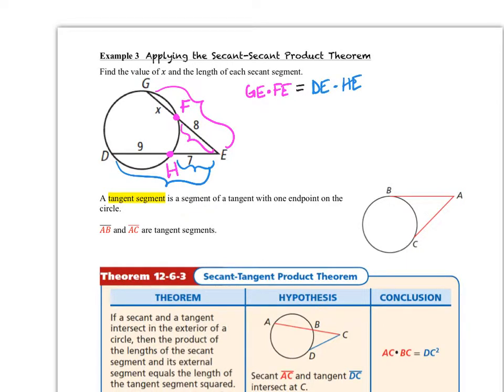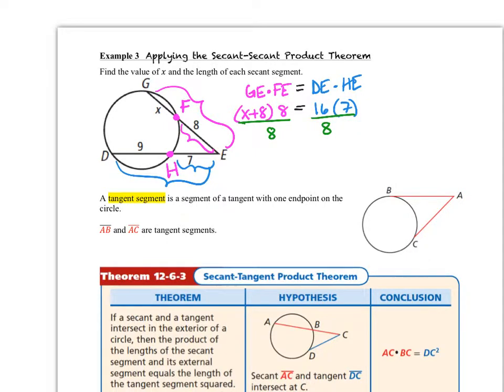All right, we'll substitute in the values. For GE, we know it's x plus 8. For FE, it's 8, and that's going to be equal to DE, which we can call 16, 9 plus 7, 16 times HE, which is 7. So what I'm going to do is divide both sides by 8, just to simplify the math a little bit.